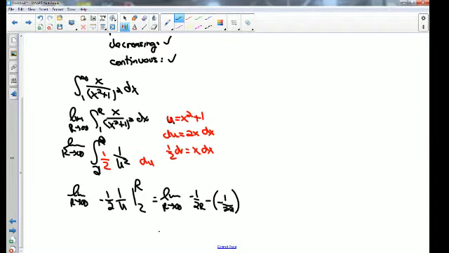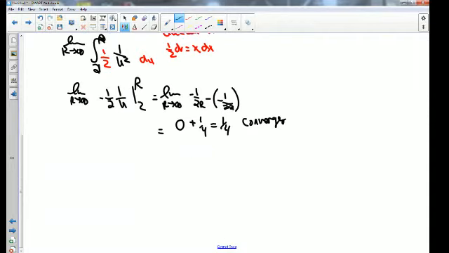What's the limit here? 0 plus 1/4. So this integral converges, right? That's what that means. You get a number, it converges. Therefore, the series converges.